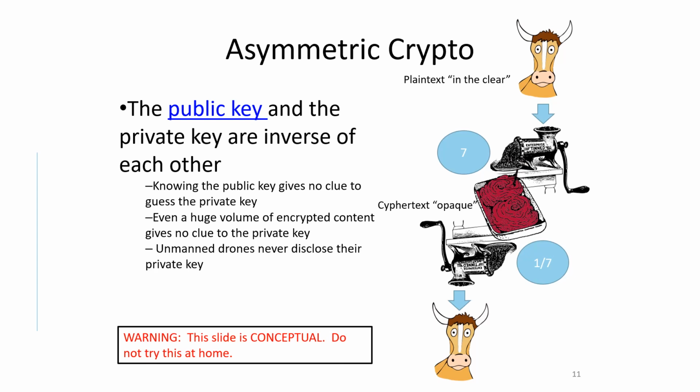You're going to multiply it by 1/7, and poof, you started out with fab beef. You encrypted. You came up with ciphertext that is opaque. And when you use the opposite key, you'll get back exactly fab beef, bit for bit identical.